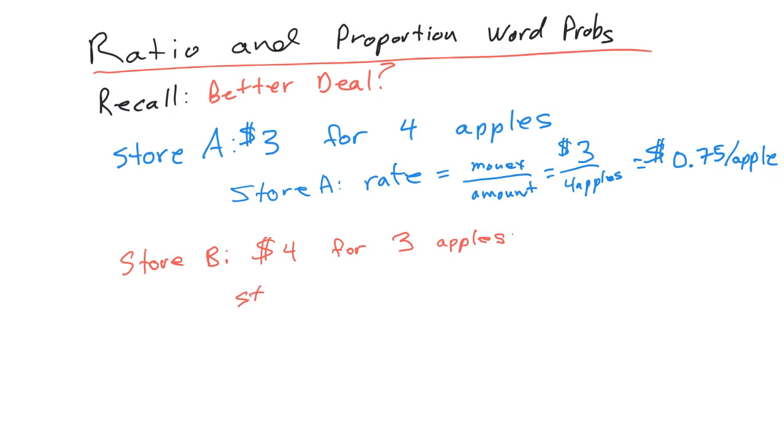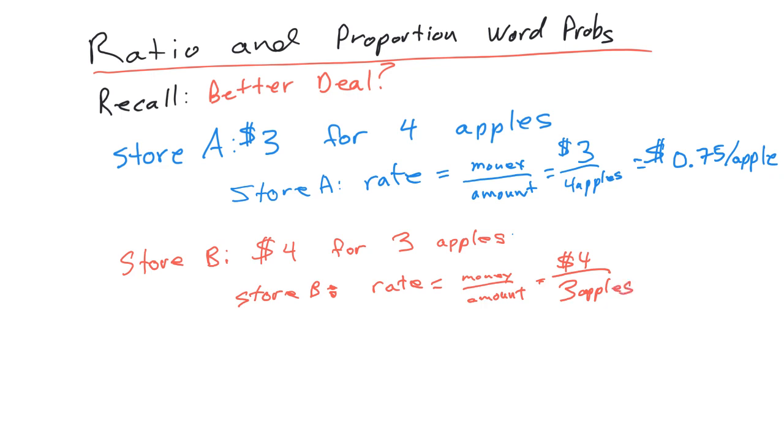For store B, what we did was we would say, okay, its rate was given by, it's still the money divided by the amount, which gives us $4 for every 3 apples.